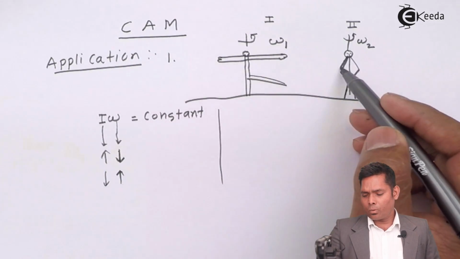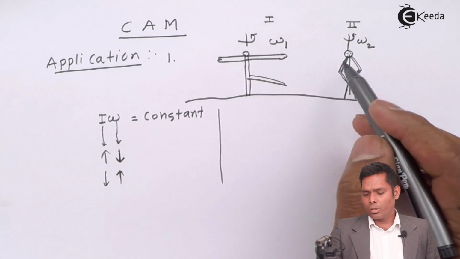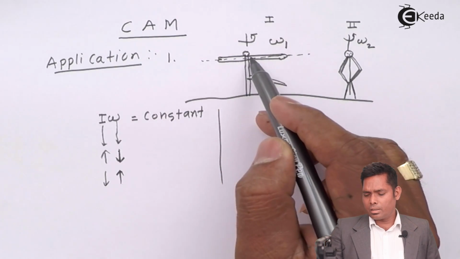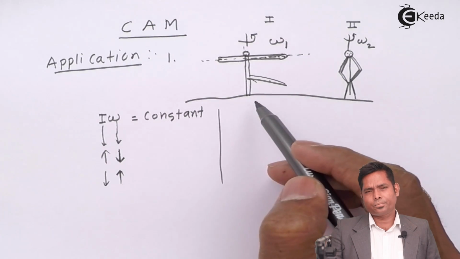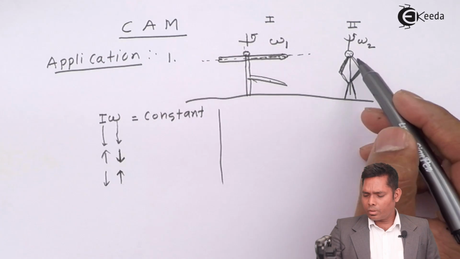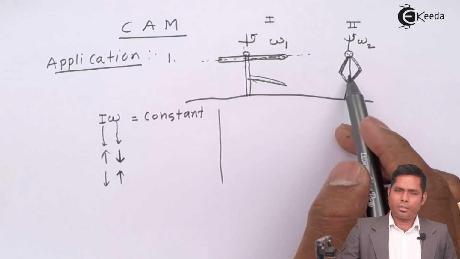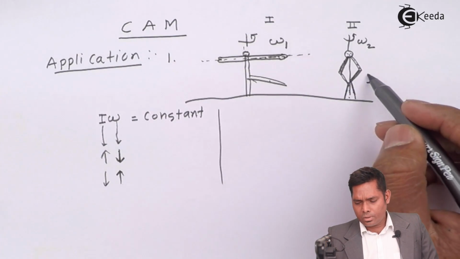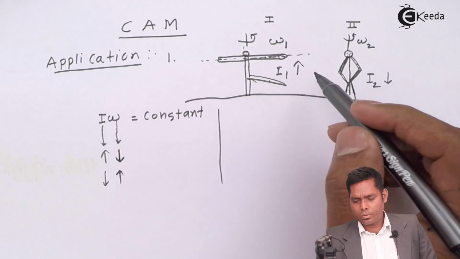Here the arms are folded and closer to the axis of rotation. In the first, the distribution of mass is farther away from the axis of rotation. In the second, the masses are closer to the axis of rotation. If the masses are nearer, then the I value is less. So here the I2 value is less, and here the I1 value is more.